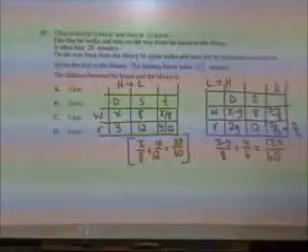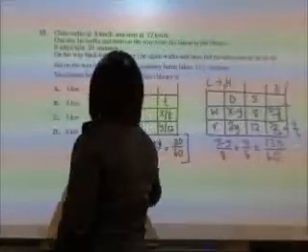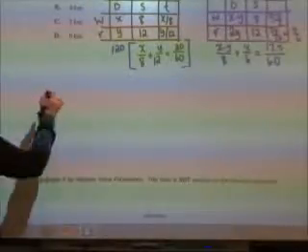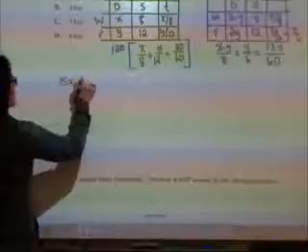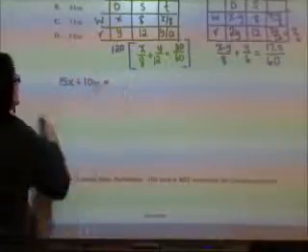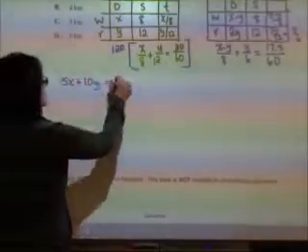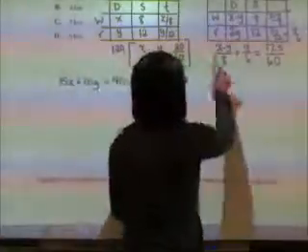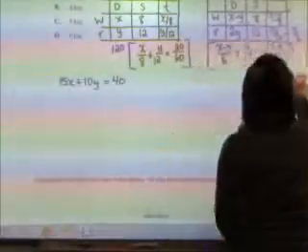my common denominator for the first one is 120. 120 divided by 8 is 15. So I get 15x plus 10y equals 40. And this one is also 120.